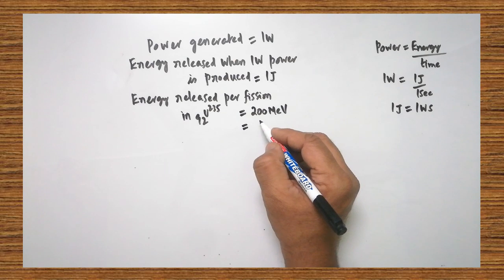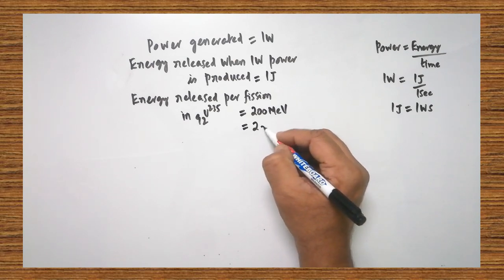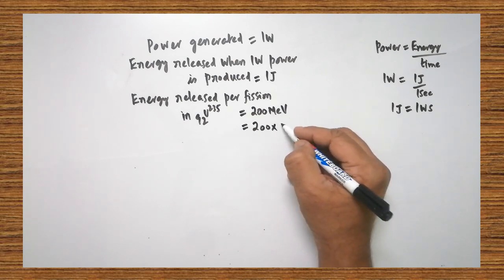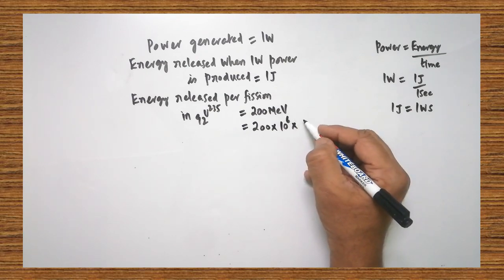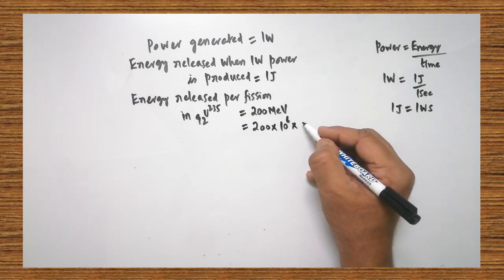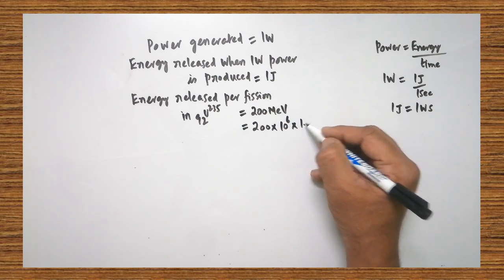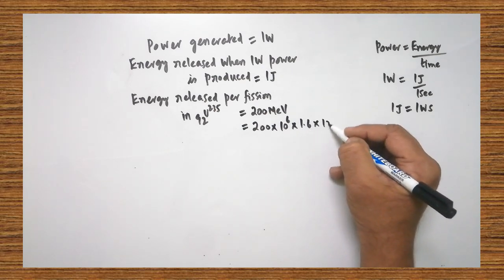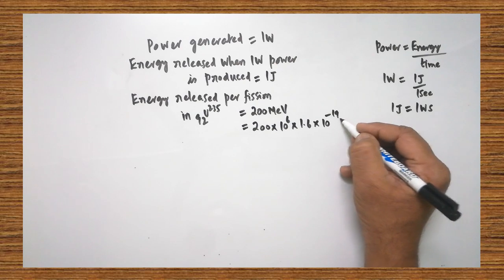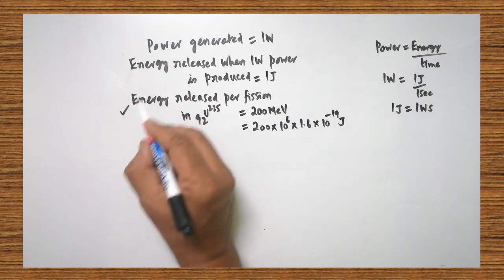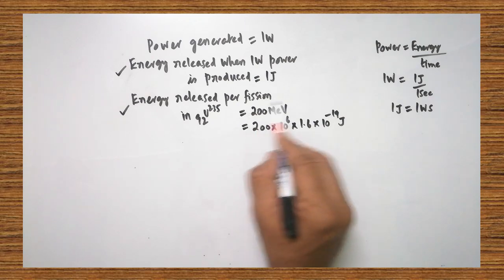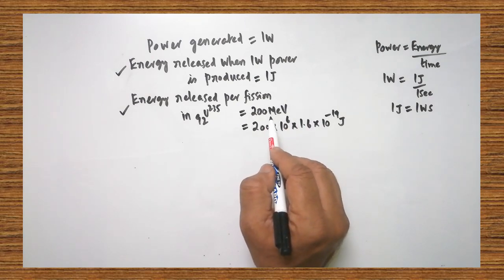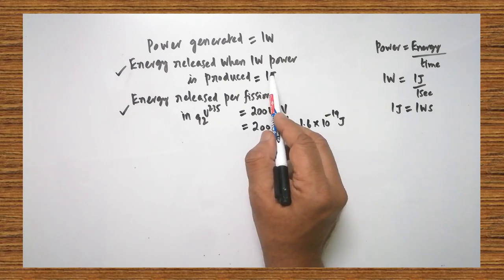This value must be converted into joule. 200 instead of million I am writing 10 to the power of 6. Electron volt must be converted into SI system. 1 electron volt is equal to 1.6 into 10 to the power of minus 19 joule. So we know this factor. This factor should be written in the denominator, and this one must be written in the numerator.